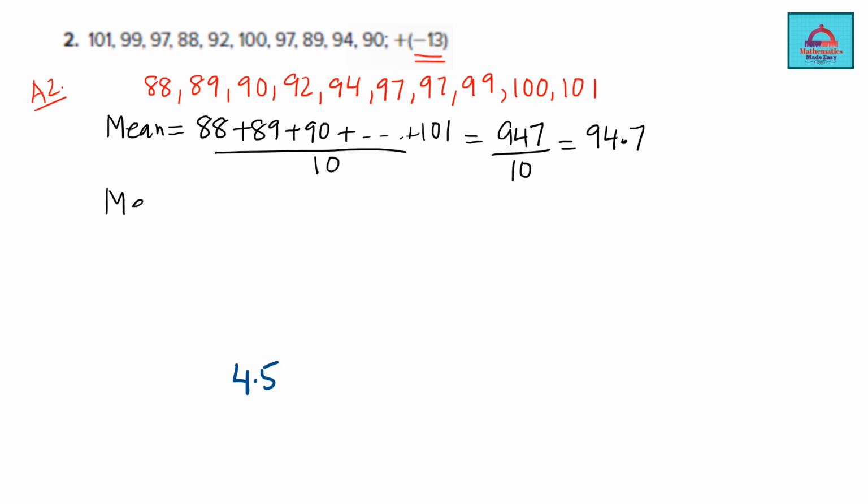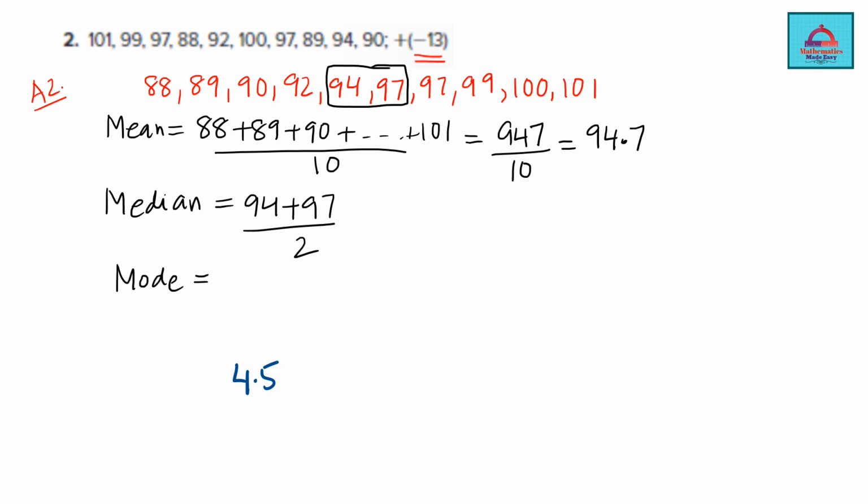Now median. Median is the middle value. So 1, 2, 3, 4, 5, 6, 7, 8, 9, 10. 10 are there. So the middle value is going to be 1, 2, 3, 4, 5. Middle of these two. That means 94 plus 97 divided by 2. Mode is going to be the most repeated. So mode is definitely 97.